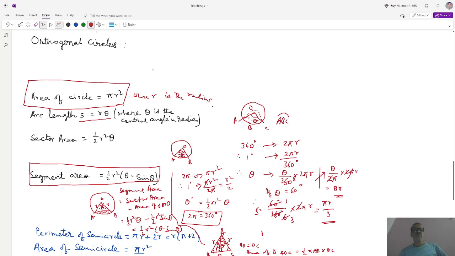Now here we see the arc length S. How do we calculate the arc length S? Here is a formula: S equals r theta, where theta is the center angle in radian.